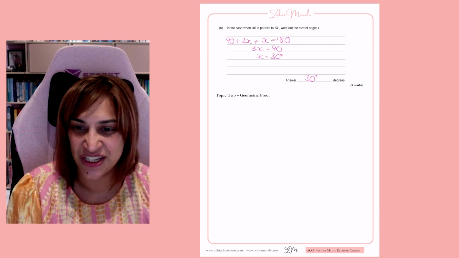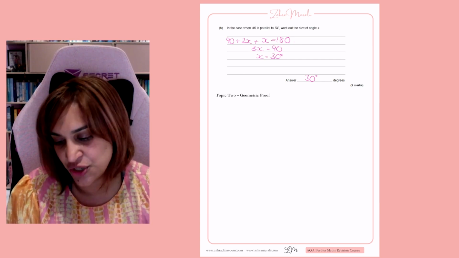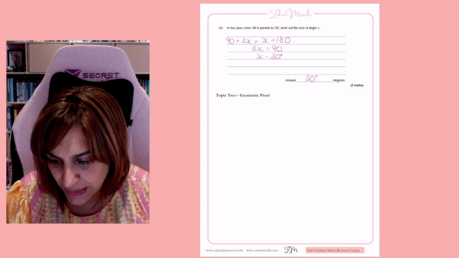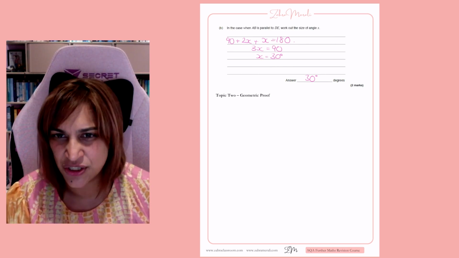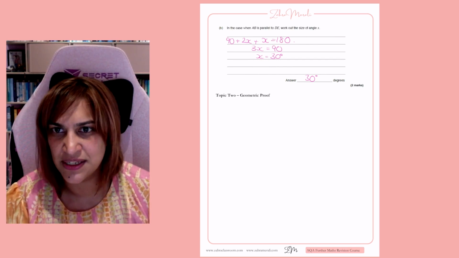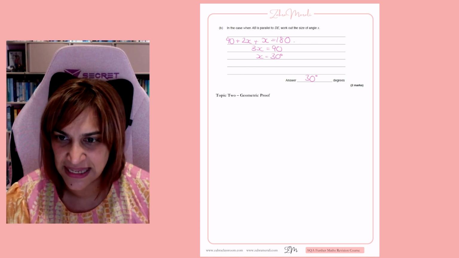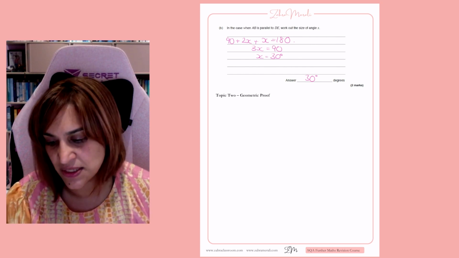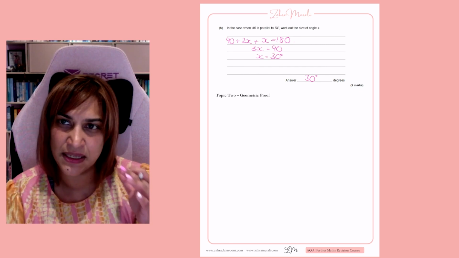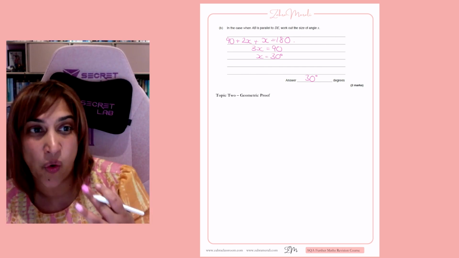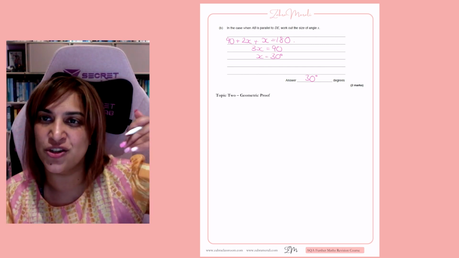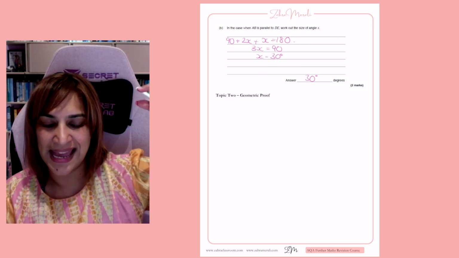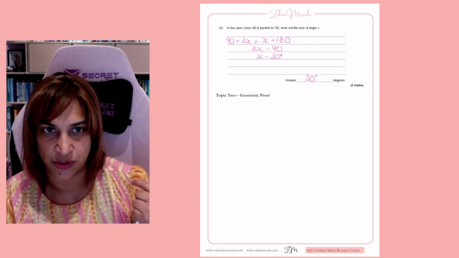The next section here we've got is geometric proof. Now there aren't that many questions on it, and they all use different methods and different things to get there. But the important things about geometric proof and the things that people get wrong are not writing your proof. So not writing and constructing your argument.